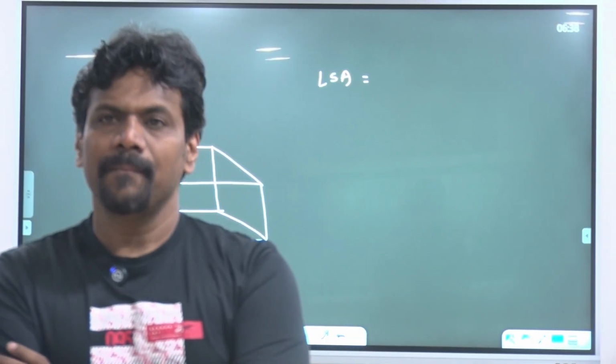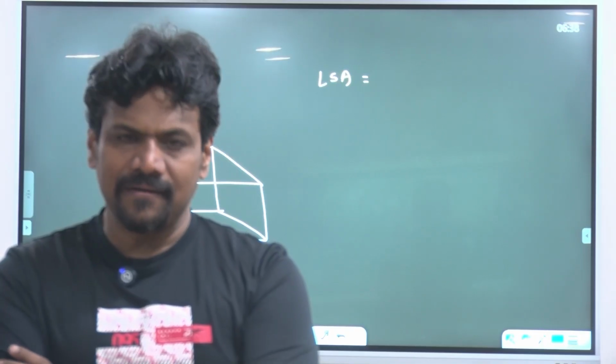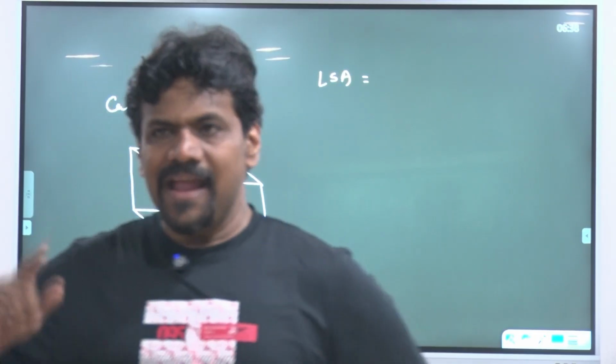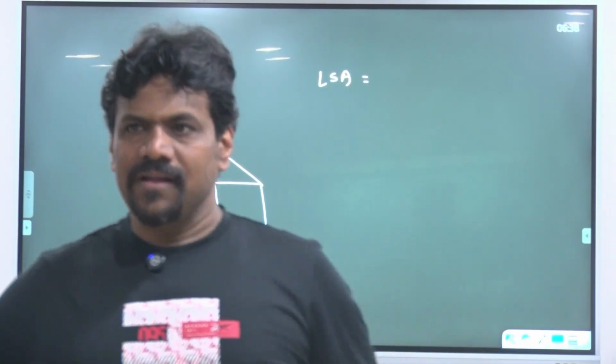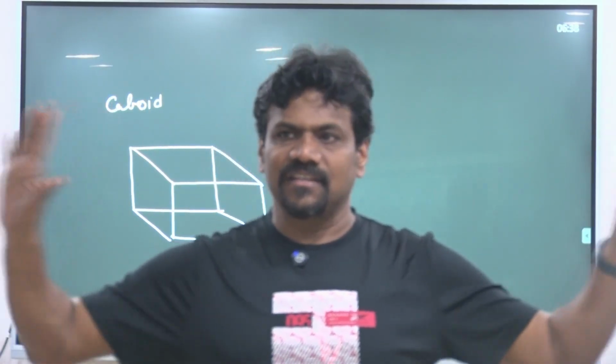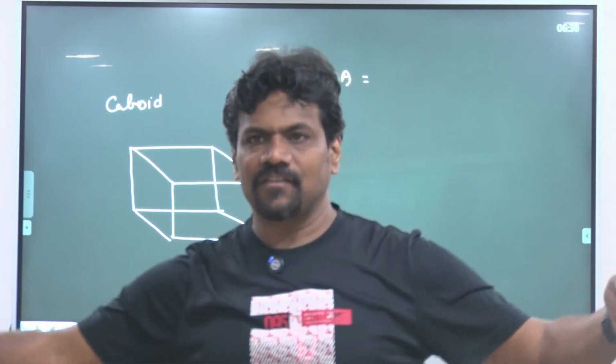Can you tell me? L into h. Am I right? And that wall is same as this side wall as well. That means this is LH, this is LH, this makes it 2LH. So 2LH is the area of these front two walls.